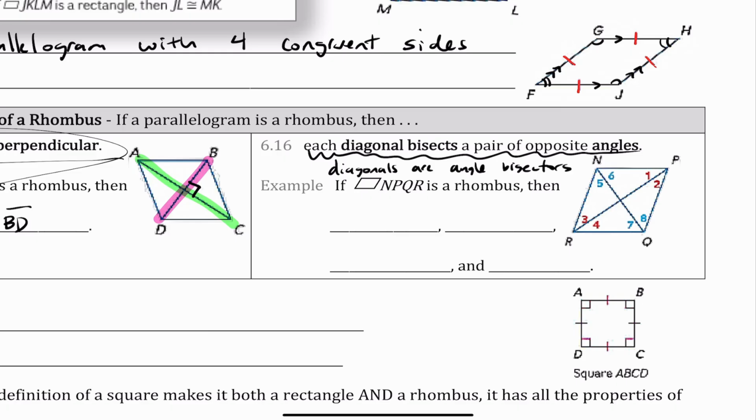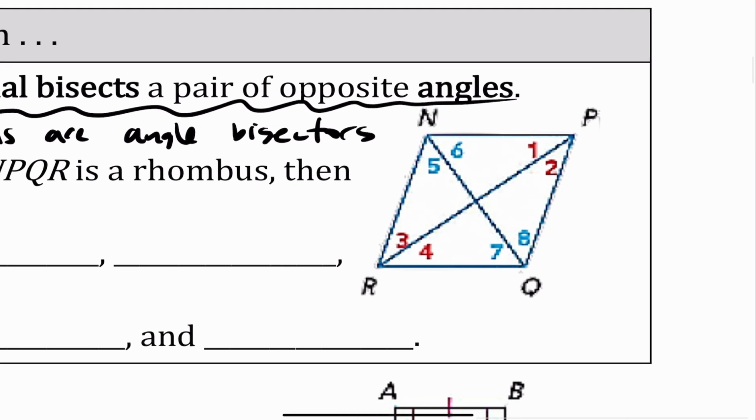So, when you have angle bisectors, the angles are going to split into two congruent parts. So if I look at this diagonal here, well, it's going to split angle P into two congruent angles. And we can say the same thing about angle R. It's going to split it into two congruent angles.